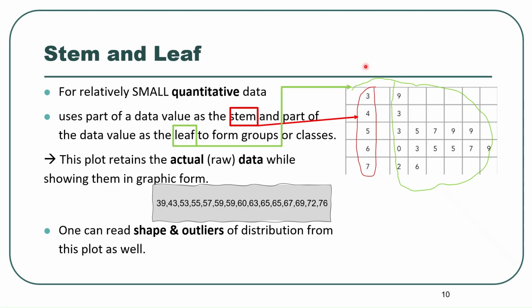In between, stem 2 has to be represented with no leaf, so an empty line just with a stem. So I do have continuity in my stems, like 1, 2, 3, and so on, and I could look at the hypothetical value 11, which is up here.